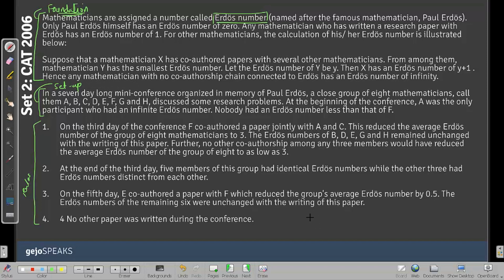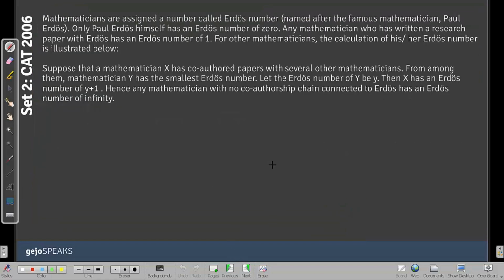So in this case, the steps of reading and understanding, both of them, are going to take a bit of time, and therefore you have to be careful even to understand how to calculate this Erdos number, right? So let's go with the first process of reading and understanding what this is.